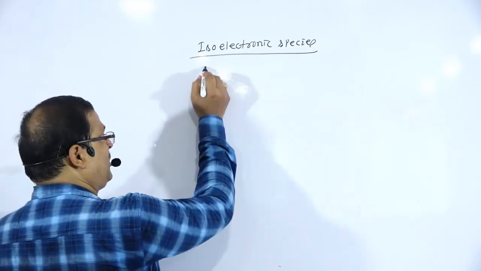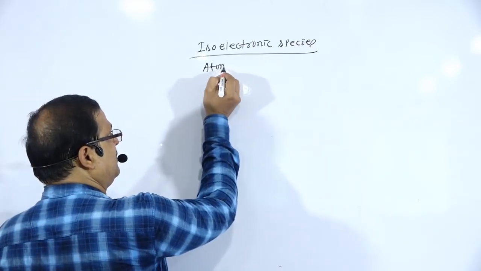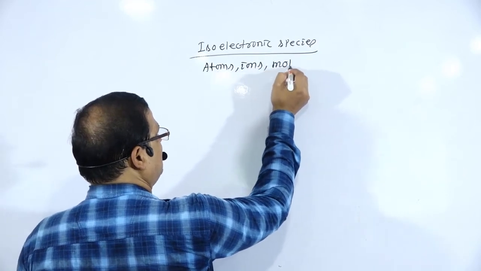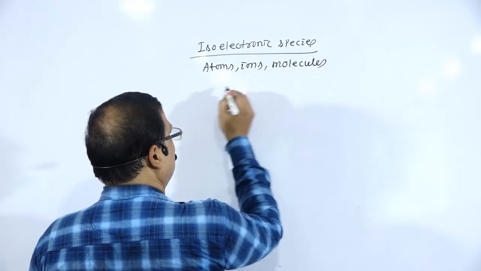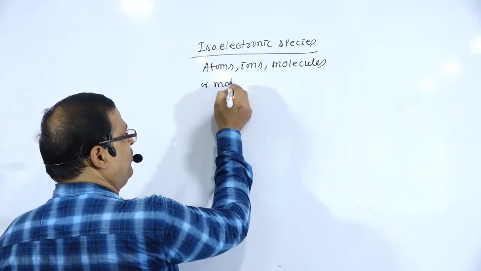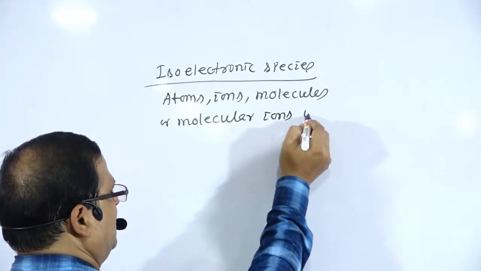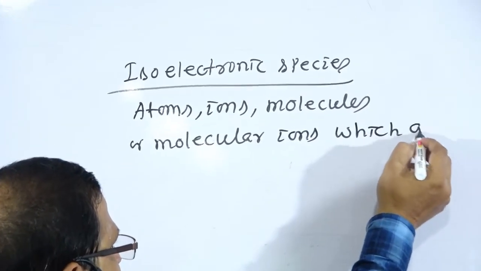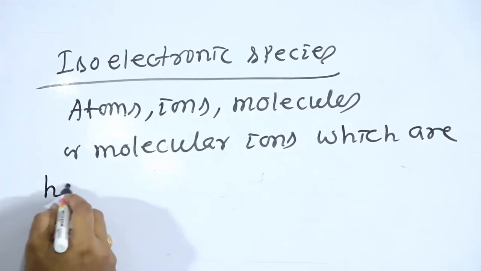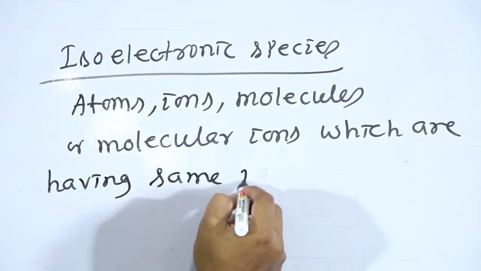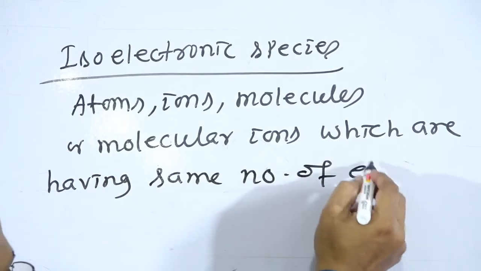So atoms, ions, molecules or molecular ions which are having the same number of electrons.